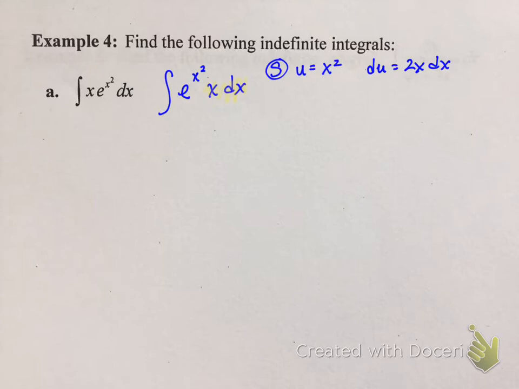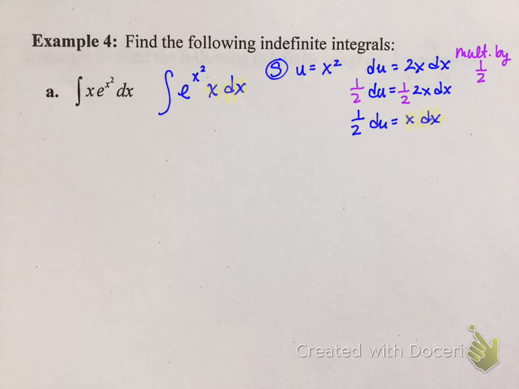What I have to do is get rid of that 2, so I'm going to multiply by a constant, which is 1/2. If I take 1/2 times both sides, that gets rid of the 2, which gives me 1/2 du equals x dx. Now this looks like my leftover.